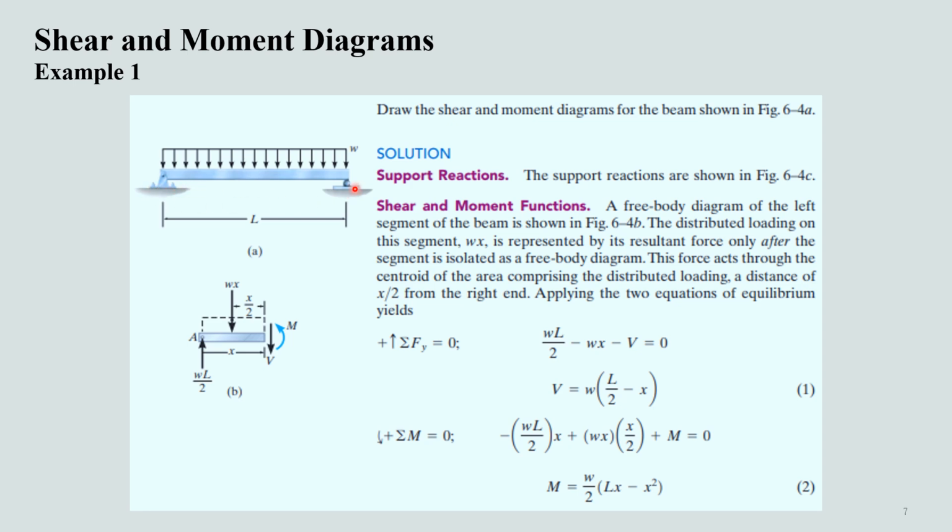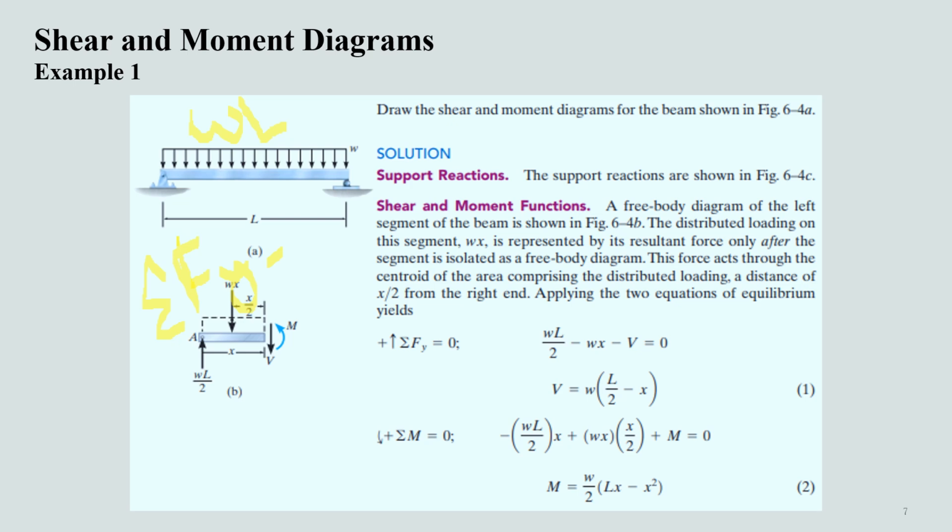Before determining the shear and moment functions, as I have already mentioned, we have to determine the support reactions. In this case, determination of support reaction is quite simple. Just take summation of forces in the y direction, and the summation of moments, and we can easily determine that this distributed load wL acting at the center of this beam is equally divided between these two supports.